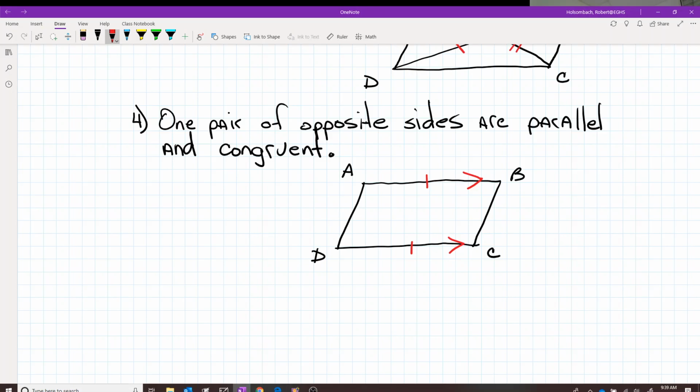So if the shape's got 4 sides and it meets any of those 4 criteria, or it passes any of those 4 tests, then it's a parallelogram. Got it? Alright, so turn the page. Look at example 1 on page 414.